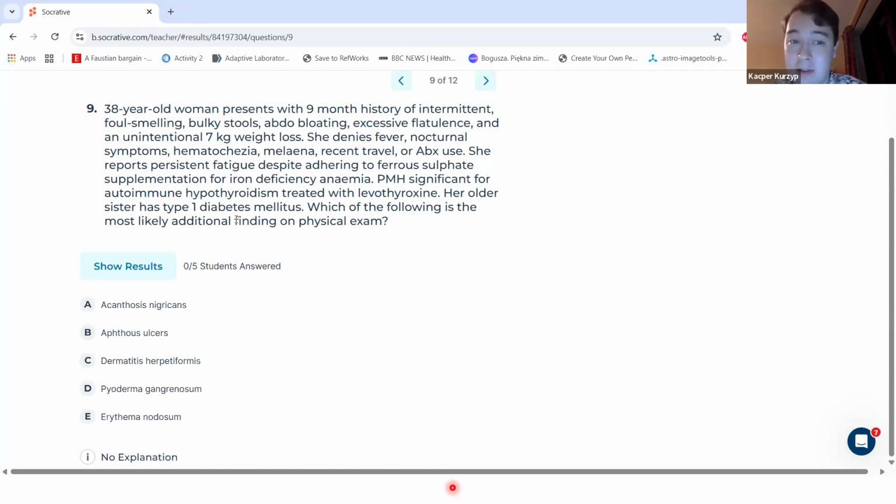She has autoimmune hypothyroidism, and her older sister has type 1 diabetes mellitus. Now, you have to think what is your diagnosis? That's step number 1 in the questions in clinical school. And step number 2, what is the answer to the question they are asking, which is what other manifestation of her disease she's likely to have.